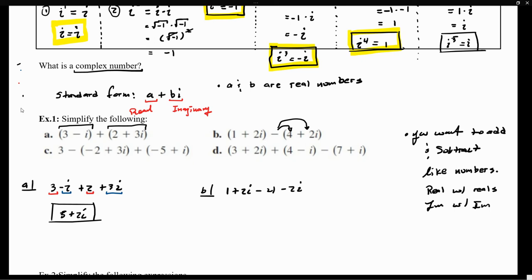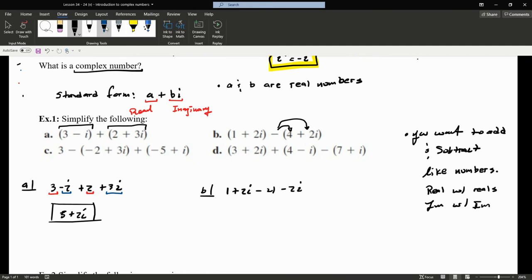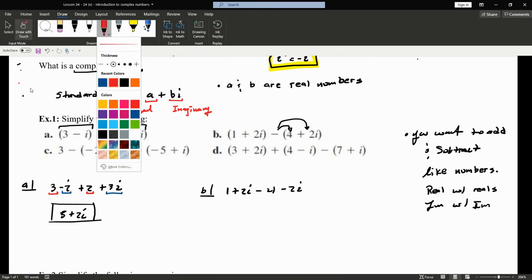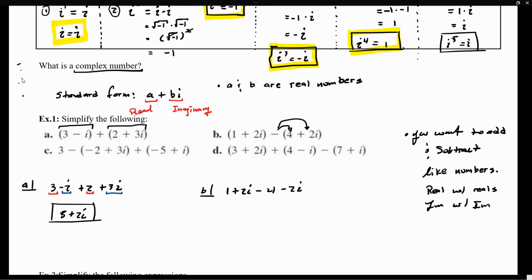Now that we have it in this form, there's just a bunch of terms. So how do we combine them? Like numbers, reals with reals and imaginaries with imaginaries. So let's identify the real numbers. Here the real numbers are 1 and negative 4. If I combine those, I'm going to get negative 3.